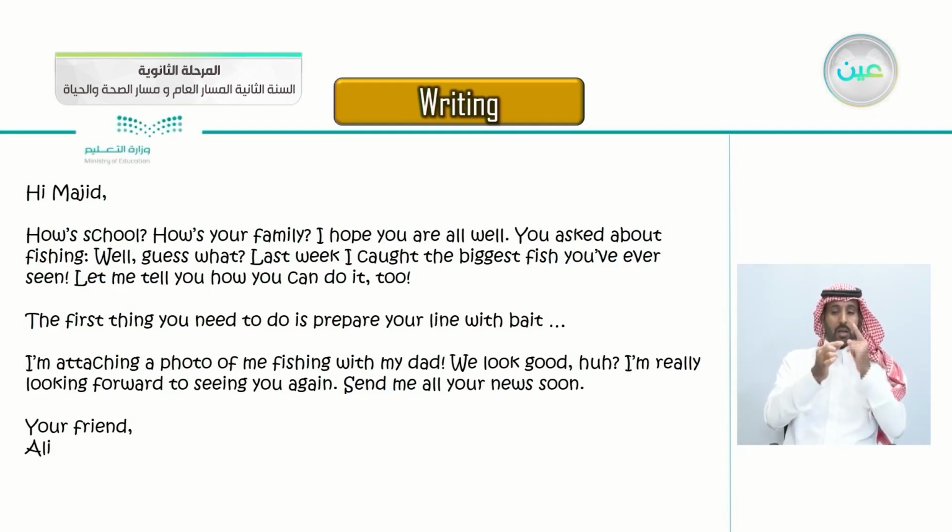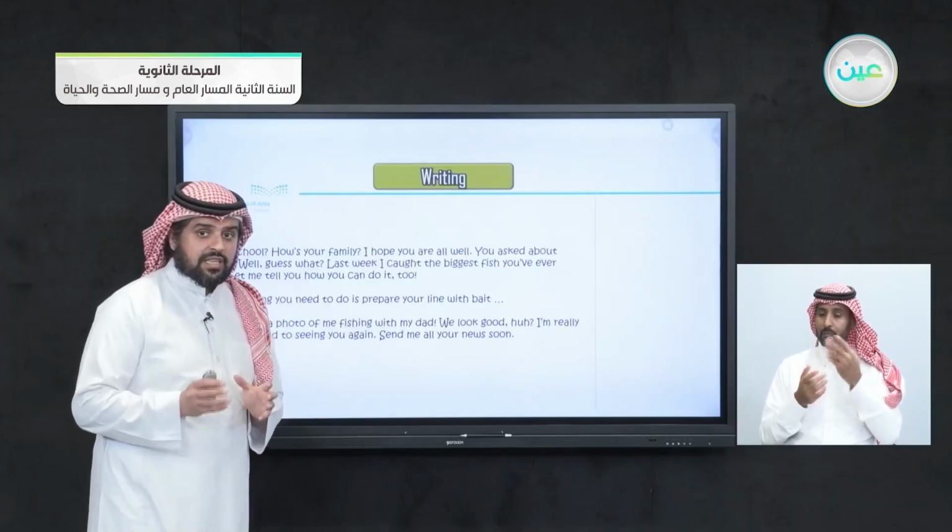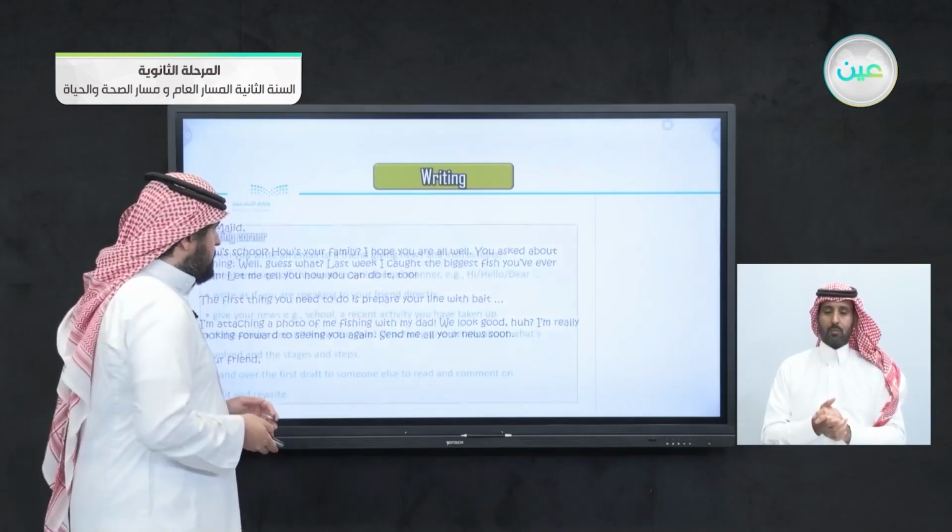I'm attaching a photo of me fishing with my dad. We look good, huh? I'm really looking forward to seeing you again. Send me all your news soon. Your friend, Ali. So, whatever sport you choose in the chart, you can write the same exact letter as this one, just talking about the sport or recreational activity that you chose.